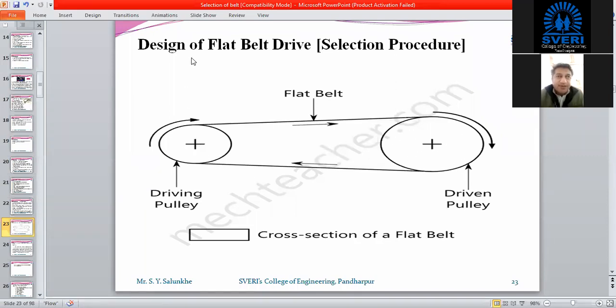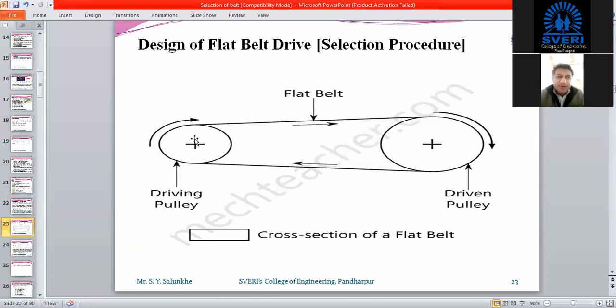Forget about the rest of the construction of this drive, where the driving pulley is mounted and where the driven pulley is mounted. We only consider the driver and driven pulley, and they are connected with one endless belt. When this belt moves, we get the power transmission.